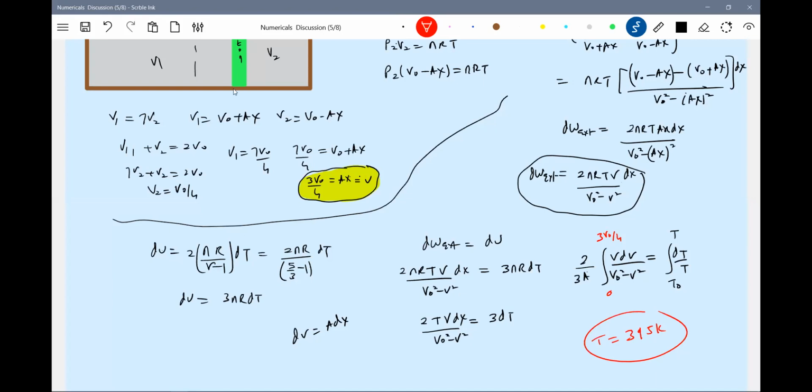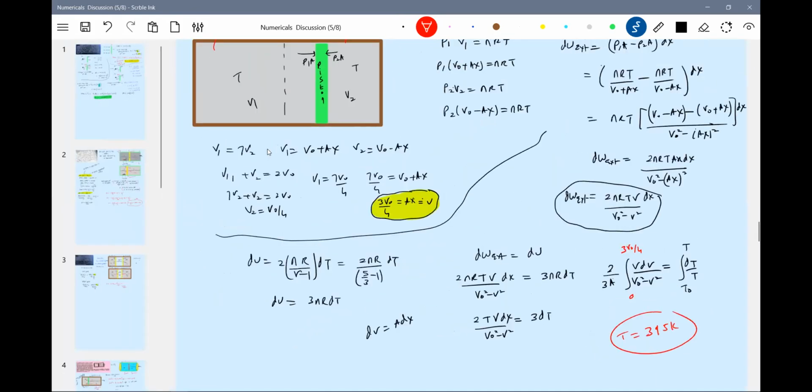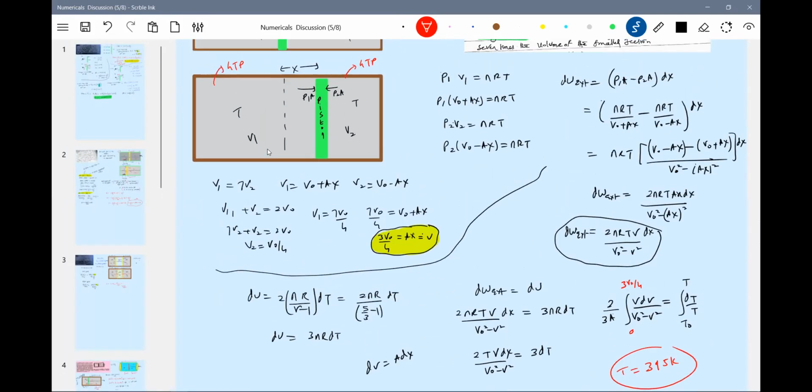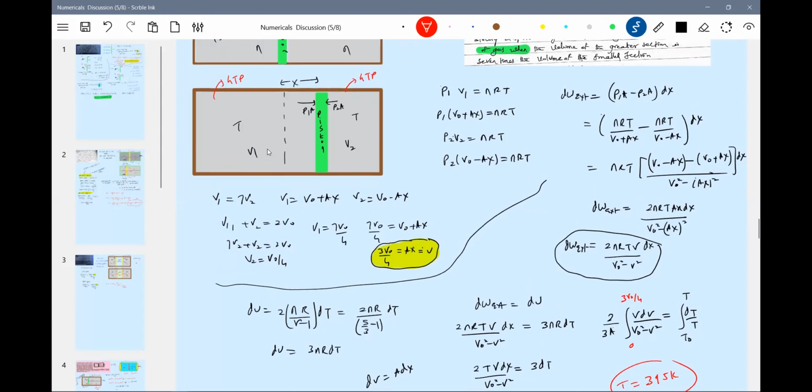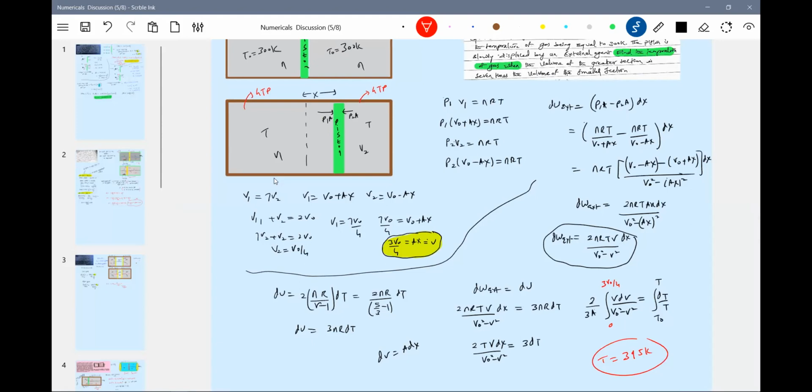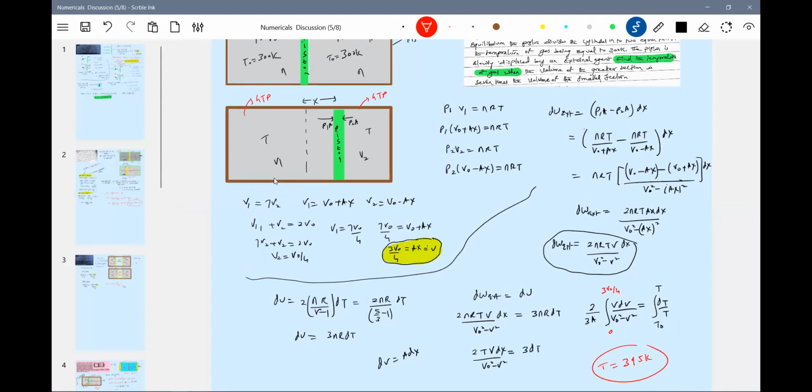Sir, is it not an adiabatic process? Because work done equals delta U. This applies to the total system, but individually there is an exchange of heat between individual parts, so it cannot be adiabatic. What is this equation we wrote? Net work done means for the total gas present in the cylinder, not for individual parts. So you should not say adiabatic.